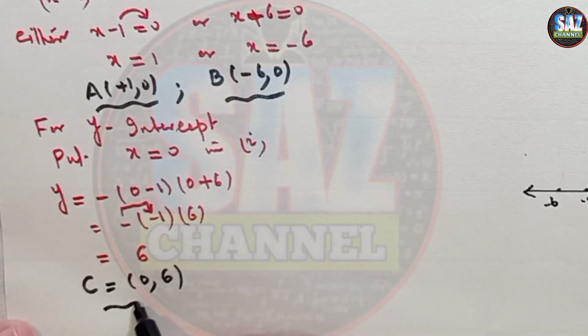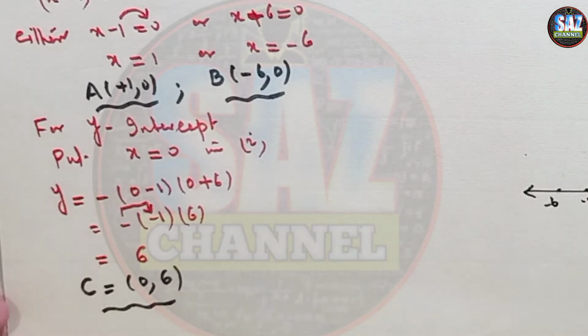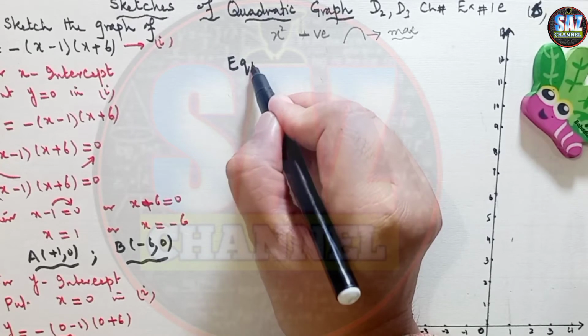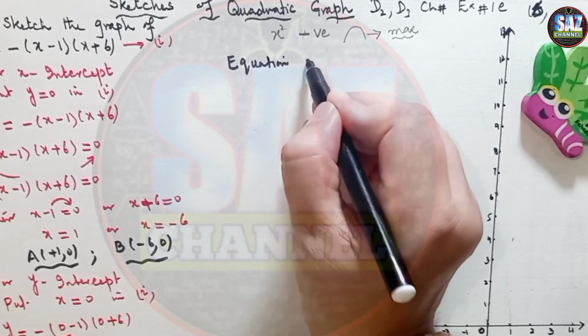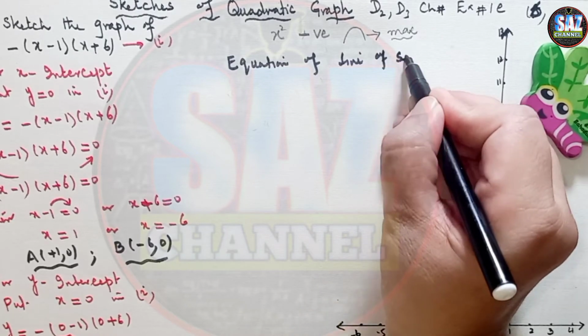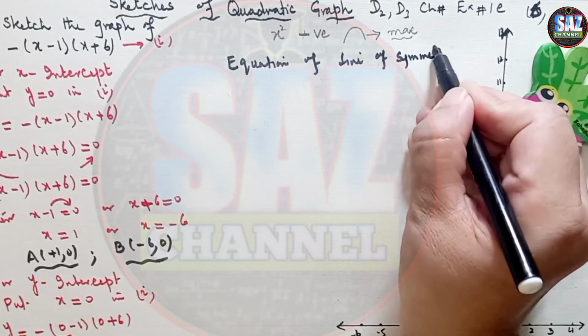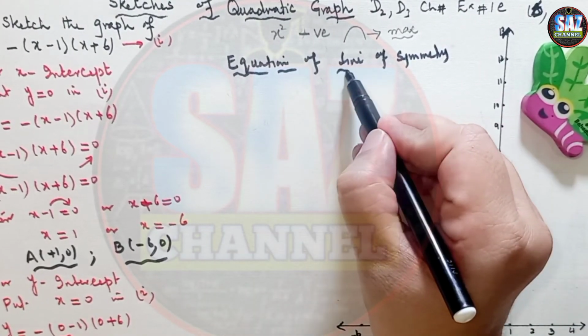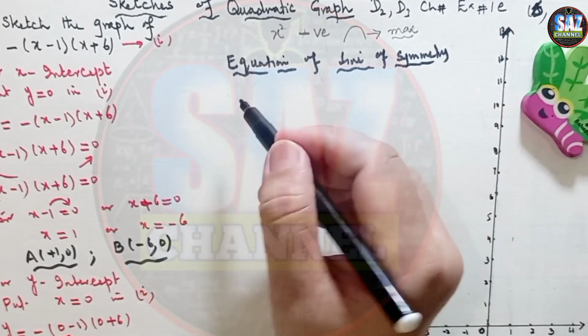And then after finding the intercepts, we have to find the equation of the line of symmetry. Recall my previous lesson on how to find the equation of the line of symmetry.